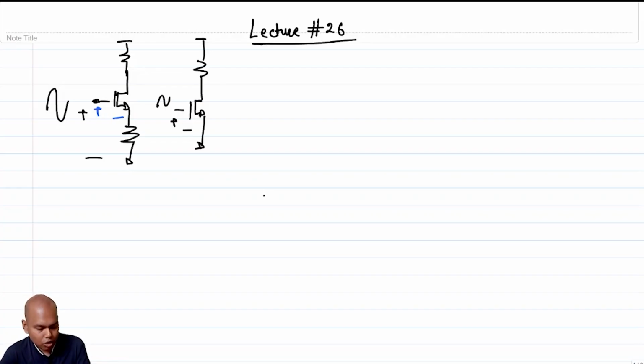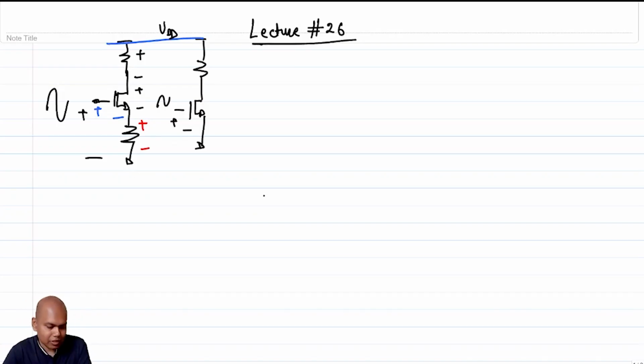It is not so obvious, it is not generally true, if you are limited with power supply, right? So if you are limited with power supply, let's say both of them are operating at a fixed power supply, then naturally in the circuit on the right you can possibly have a higher quiescent VGS than the circuit on the left, because in the circuit on the left, not only will you have to account for the drop across the resistor and the MOSFET, there is an additional drop you have to account for here, right?